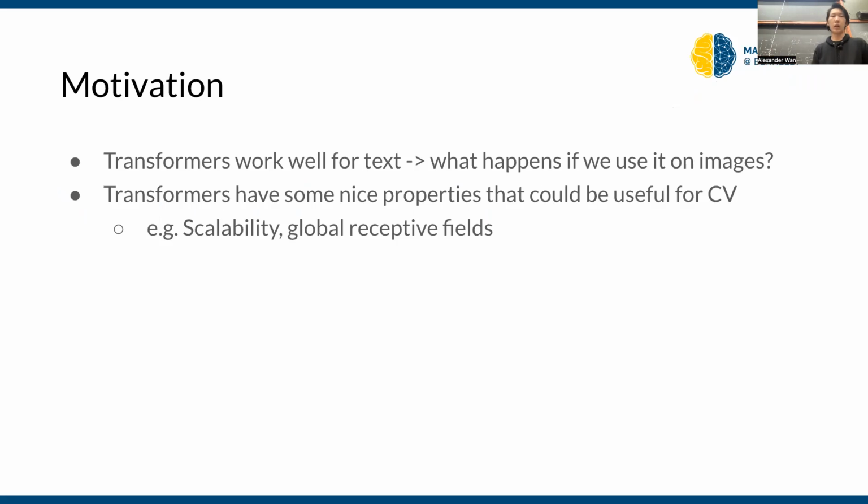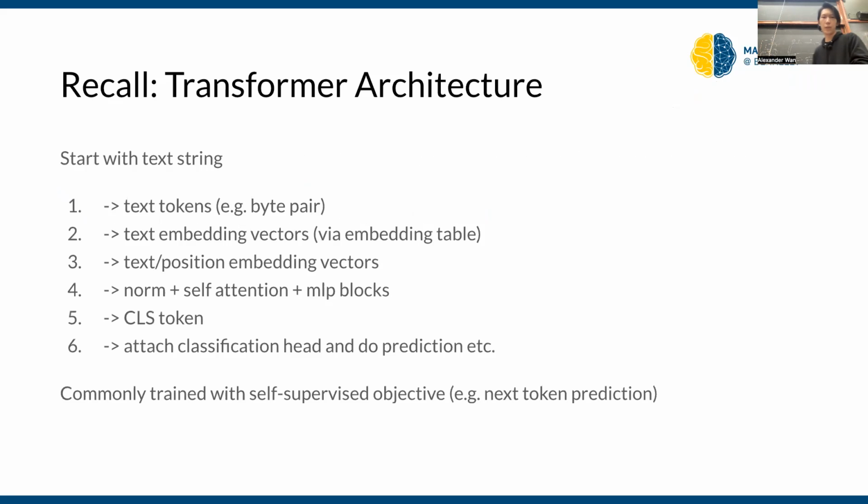Transformers also have some really nice properties that would work well for CV. This includes scalability. They're really computationally efficient, as we talked about last time. They work really well with GPUs and TPUs, which is great. And also global receptive fields, which we'll talk about a bit after. So yeah, I just went over the transformer architecture a bit.